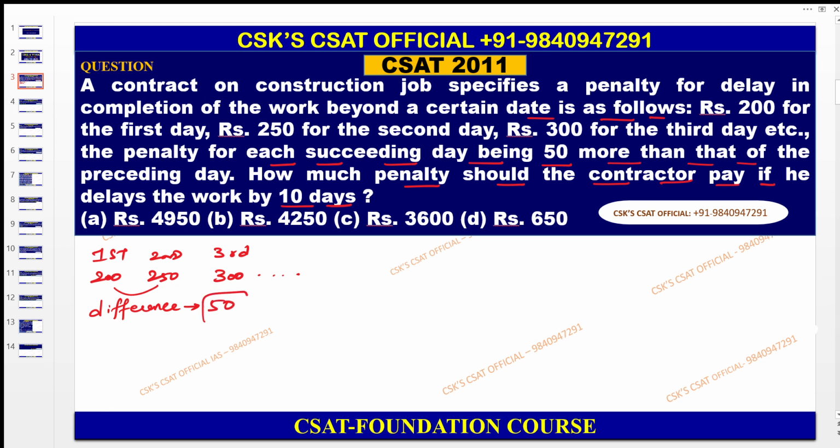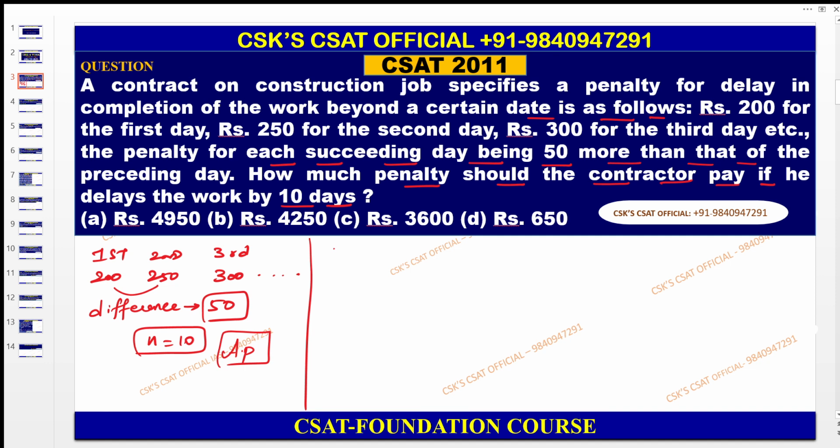Then also we know n is equal to 10 days here. It is in the form of an arithmetic progression, AP. If the common difference is the same, then you can call that an AP.